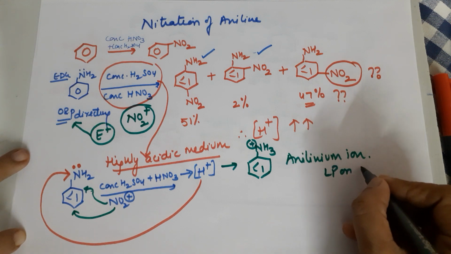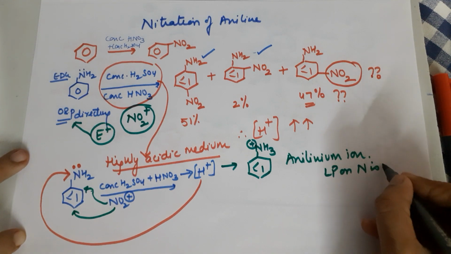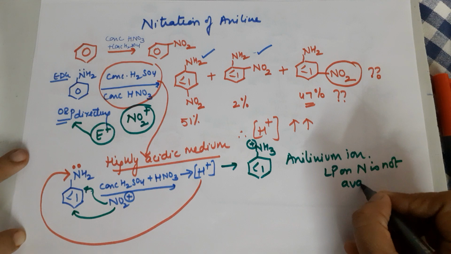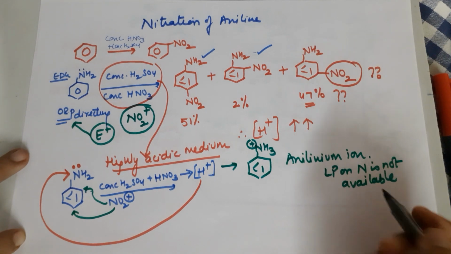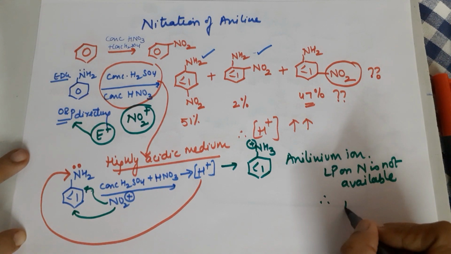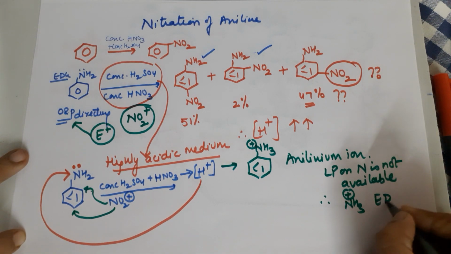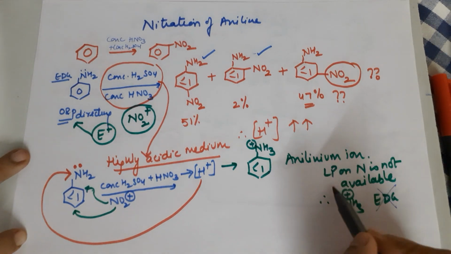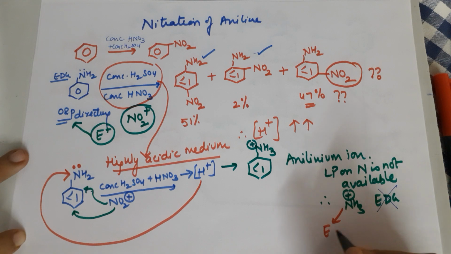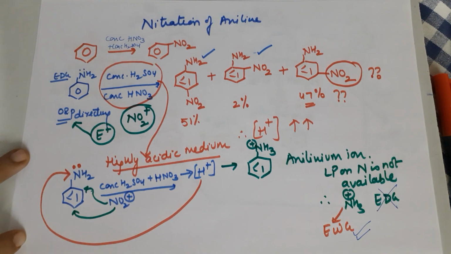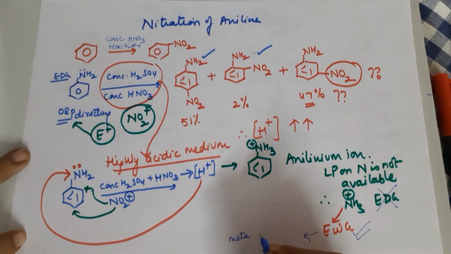lone pair on N is not available. अगर लोन पेयर ही नहीं होगा, therefore NH3 positive cannot donate electron. It is not an electron donating group. Now it becomes an electron withdrawing group. तो अगर बेटा ये इलेक्ट्रॉन विड्रॉइंग ग्रुप बन जाएगा, therefore it will act as a meta directing.